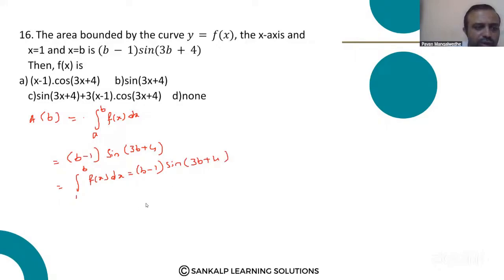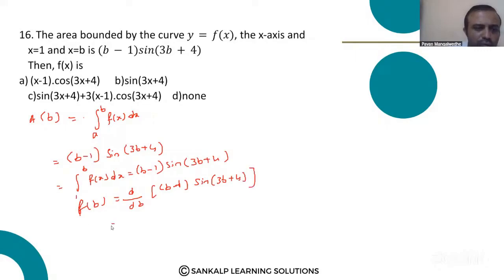So using the fundamental theorem of integration, f of b is equals to d by db of the bracket b minus 1 into sine of 3b plus 4.